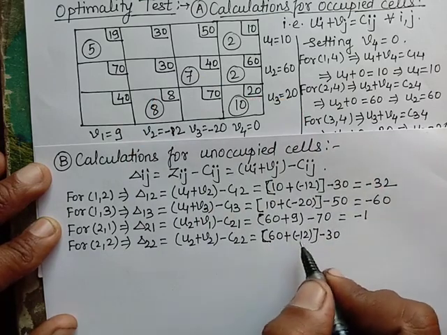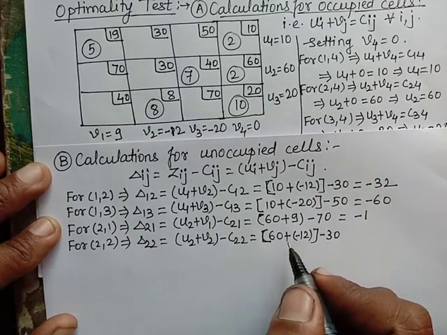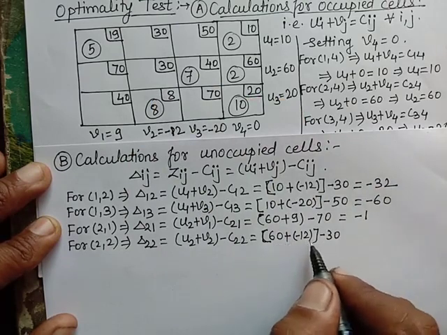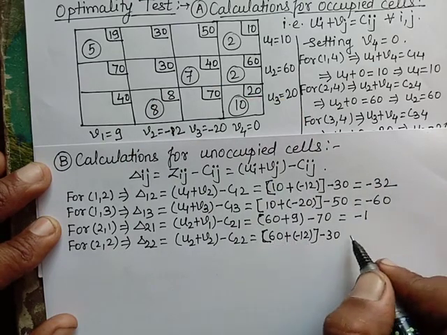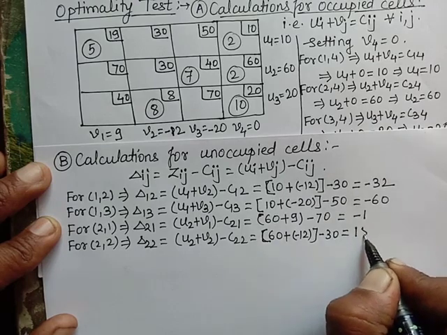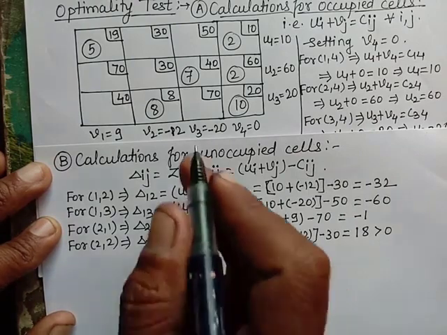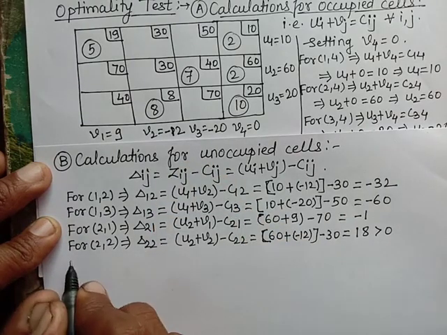So this is minus 42 and 60, so it will be 18. It is positive, it is greater than 0. Means the solution is not optimal. Here itself we got that.